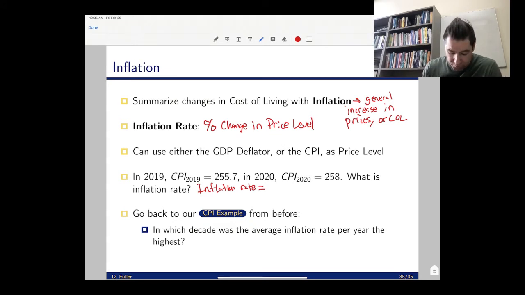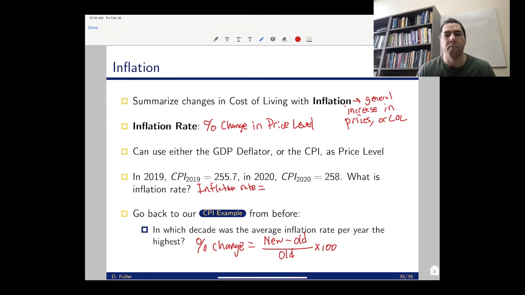So maybe just a brief primer, right? So the percent change, the way I calculate this is I take the new value minus the old value divided by the old value. And then I'll multiply that by 100 so that we get a nice number in percentage, right? So rather than 0.01, I'll get 1 for 1%.